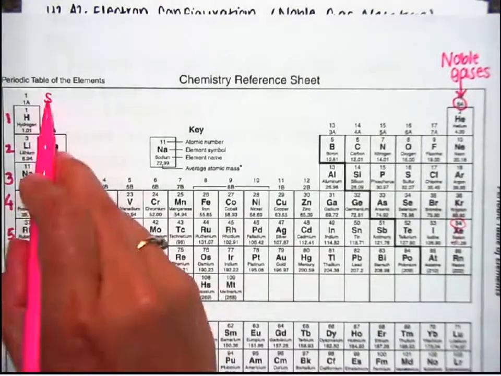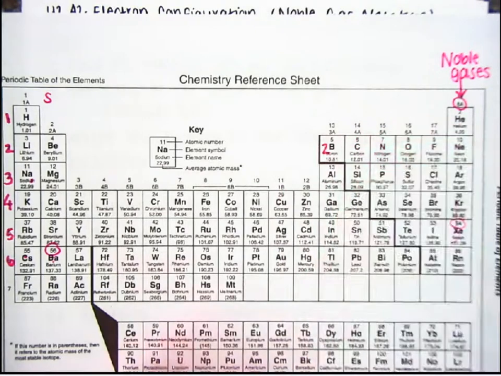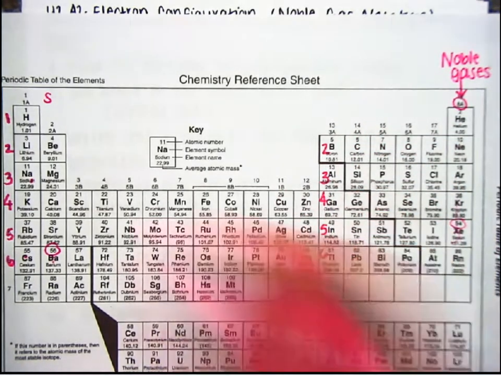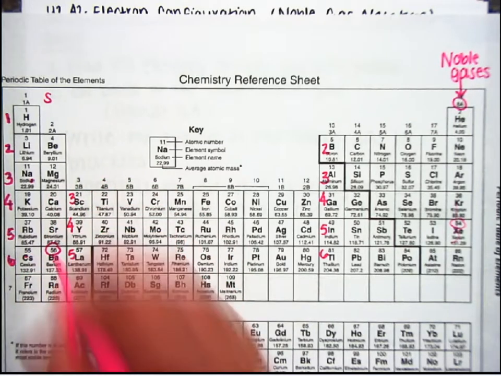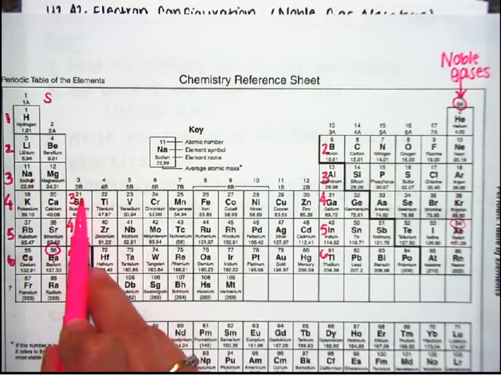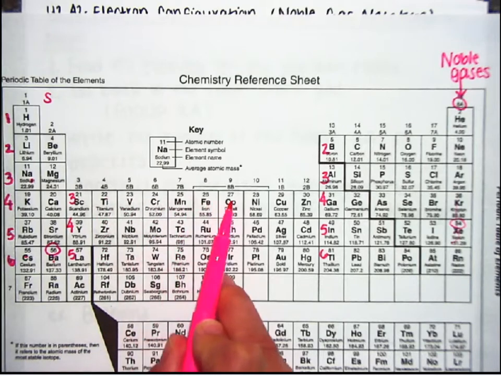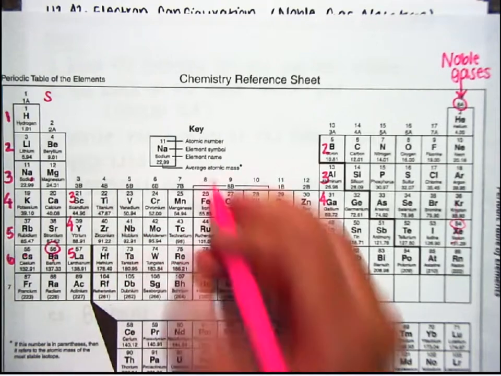Remember, S starts at energy level 1, P starts at 2, D starts at 3. So this is 3D, and D can hold 1, 2, 3, 4, 5, 6, 7, 8, 9, 10. 3d10.